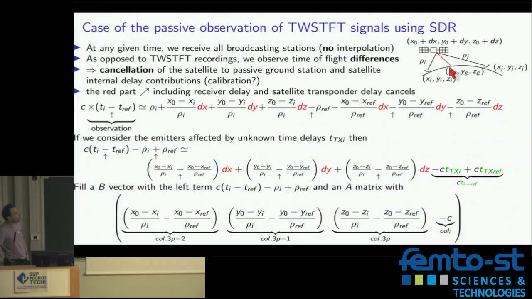And actually, this means that this guy here is unable to observe this time delay unless you're doing a calibration. So like we were doing with TimeTech, you need to have a mobile station calibrating this time offset. So with this difference, you only get the transmitter 1 contribution and transmitter 2 delay contribution, but there is no receiver contribution and there is no satellite delay contribution. So same story as before, you put this as a matrix and you solve this.